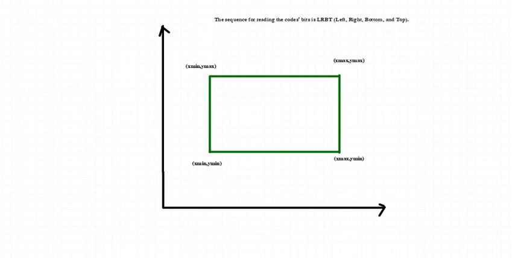Yes. Now, sorry, this is our line in question and the endpoints are defined as P1 and P2. Now, try to generate LRBT codes for your P1 and for your P2.